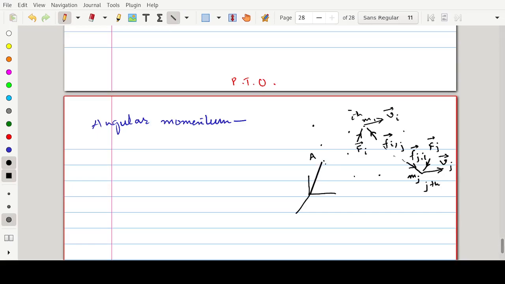So this is position of the reference point and this is position of the ith particle, and this is relative position of ith particle from the reference point. So this is Ra, this is Ri, and this is Ri minus Ra.